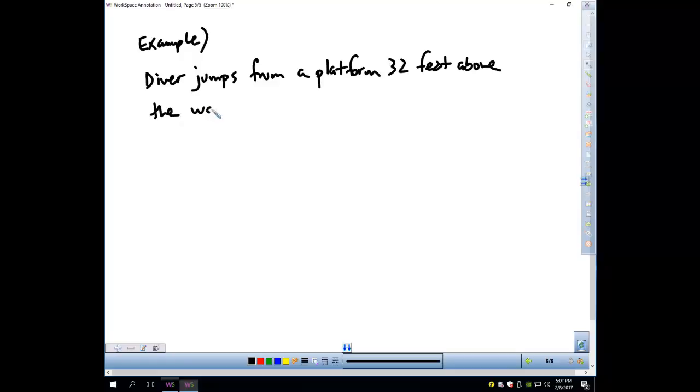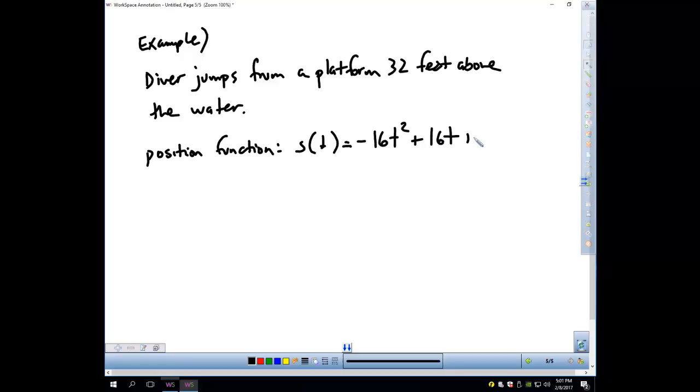So his or her position function would be represented by negative 16t squared plus 16t plus 32. Again, we'll talk more about what those coefficients mean and where they come from, and you can try to start to figure it out as you go through these problems.